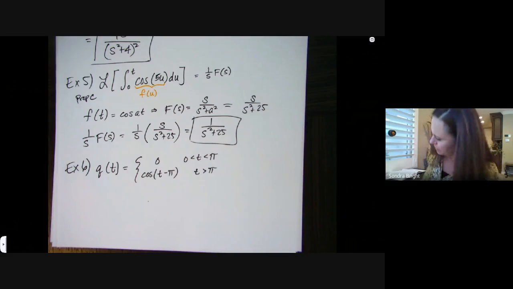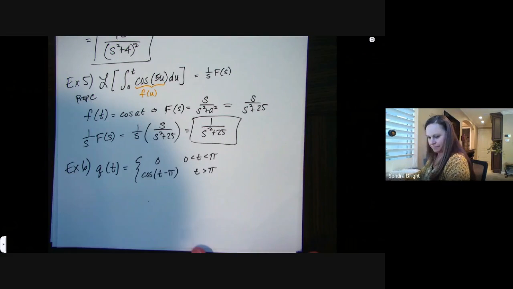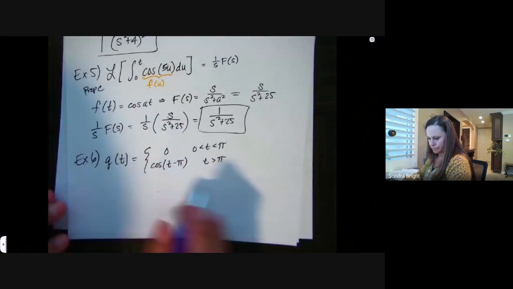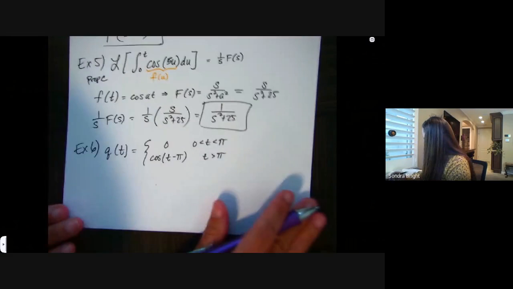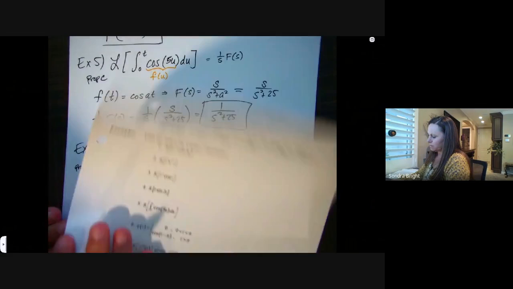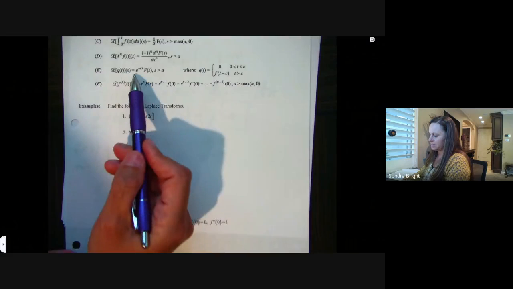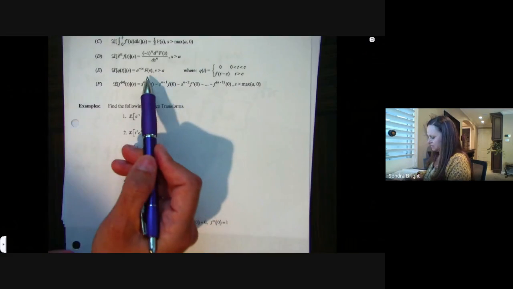So this is property E, obviously, that says when it's a piecewise function like this, it'll be e to the negative cs times big F of s.